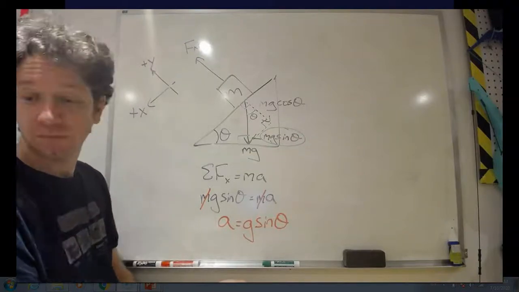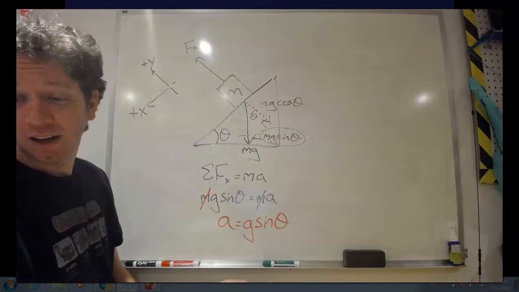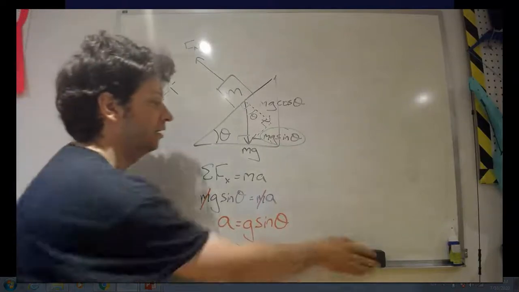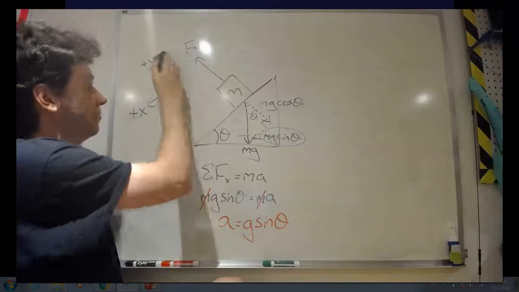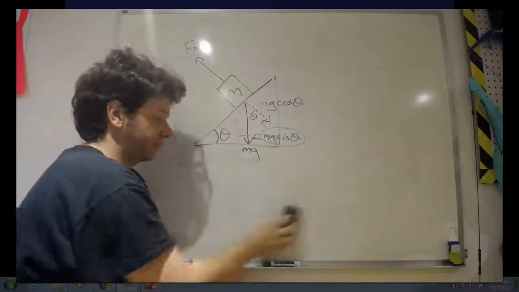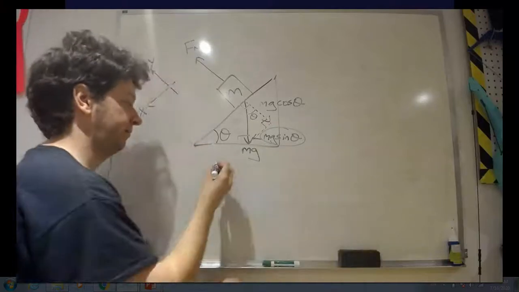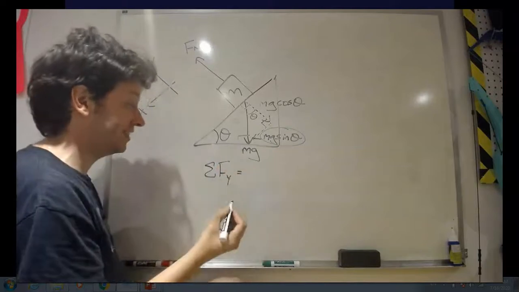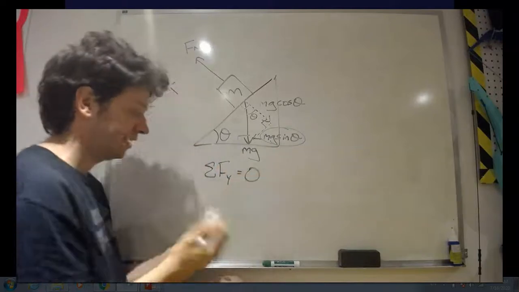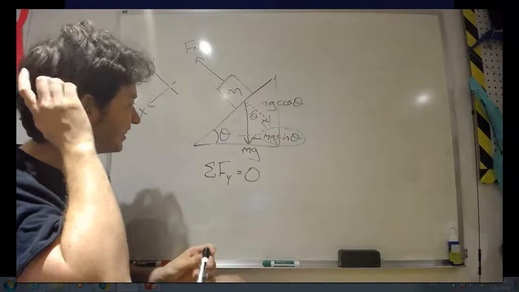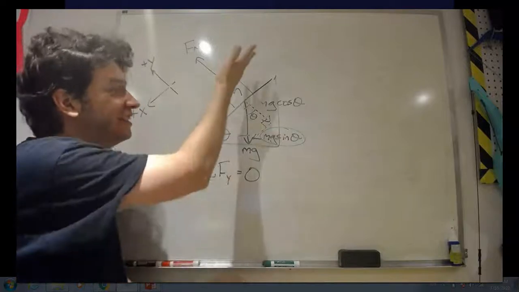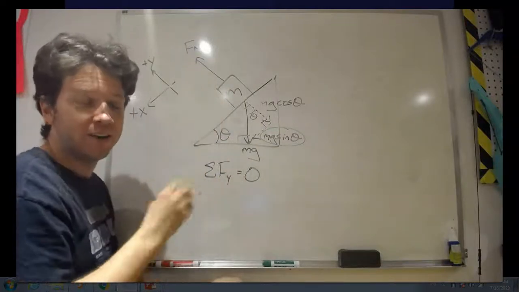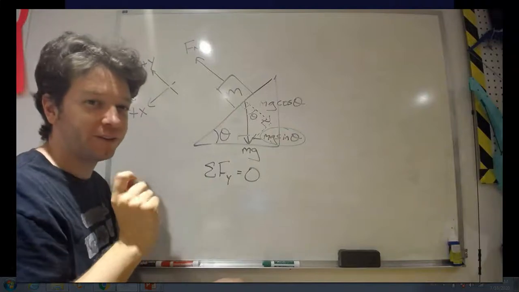Okay. Now the next question says, part B, what's the magnitude of the normal force? Well, the normal force is in our y component, so let's redo this for the y component. The sum of all forces in y equals, in this case, 0. Now, a lot of students always freak out by that. How is it possibly 0? It's sliding down the ramp. There must be some vertical component. But be careful.